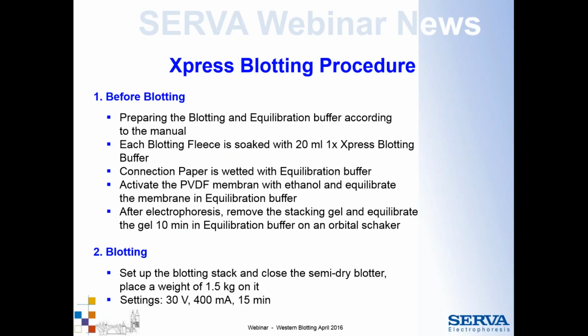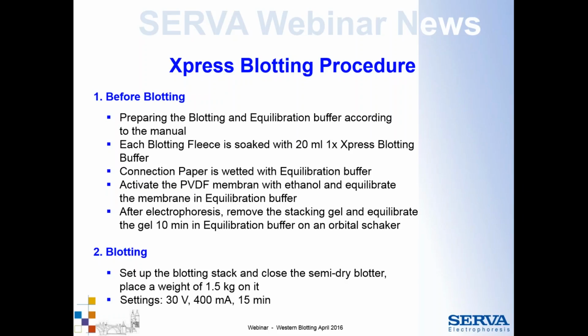So I'll give you a short overview about the procedure. Before blotting, you have to prepare the blotting and equilibration buffer according to the manual. And the blotting fleece, which is very new in a blotting kit, is soaked with 20 milliliters of the blotting buffer. The blotting fleece is included in this system to overcome the problems caused by the blotting papers.